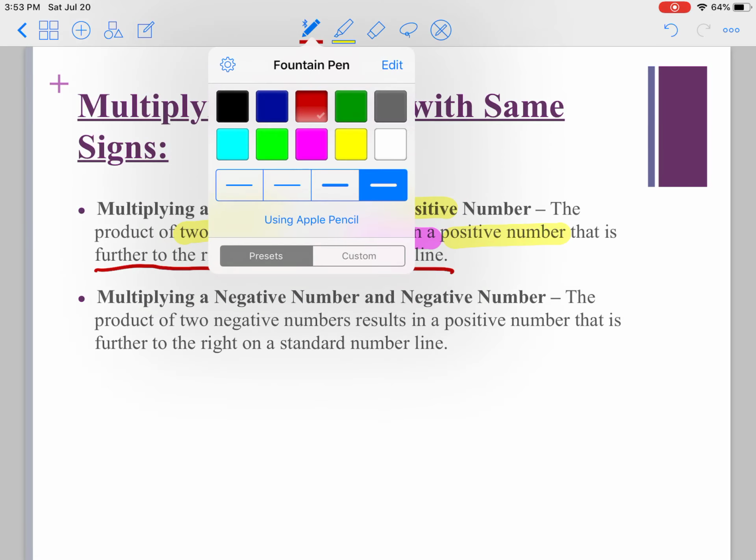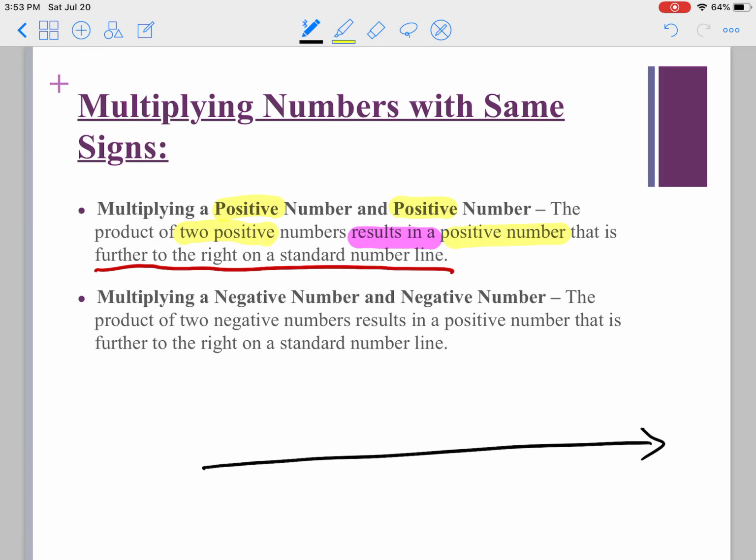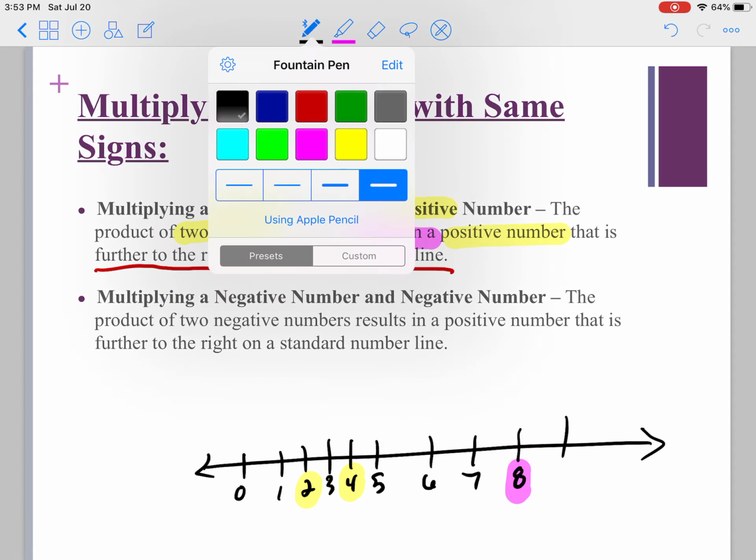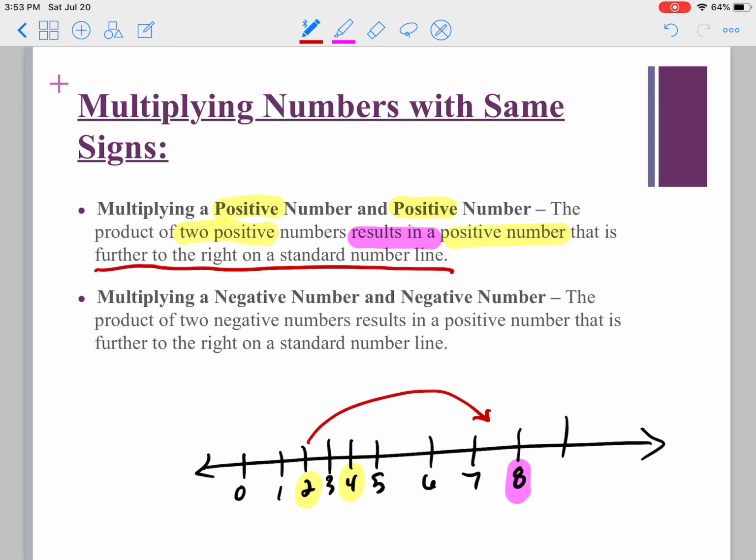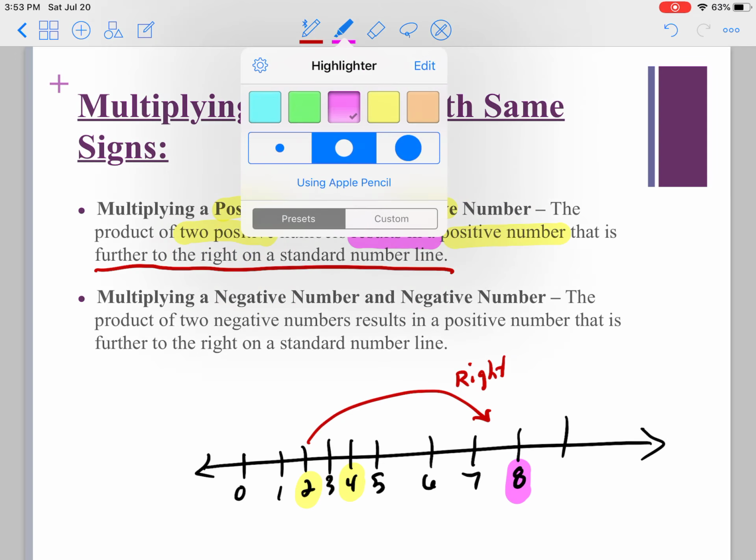I'm not going to go completely into detail on this, but if we have a number line, 0, 1, 2, 3, 4, 5, 6, 7, 8, and two positive numbers, 2 times 4 in this case is equal to 8. There's our result, and when we look at where it is on the number line, it is further to the right.